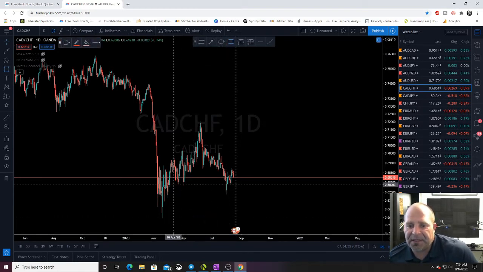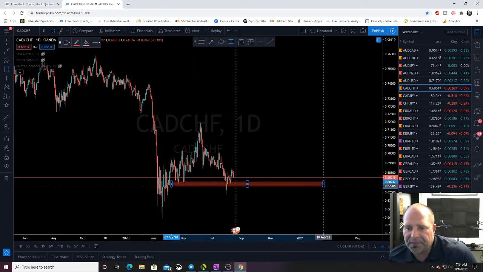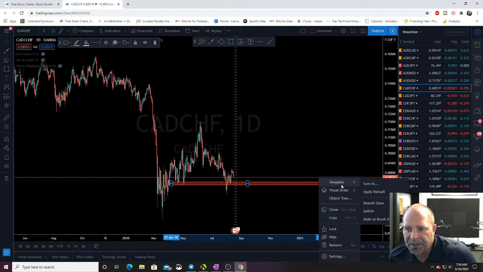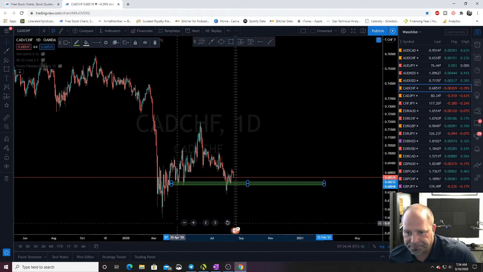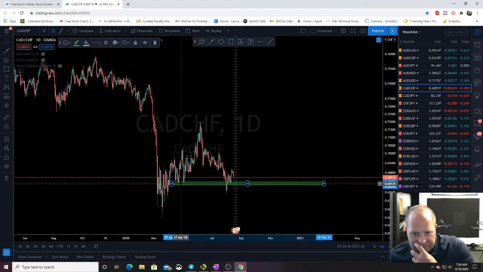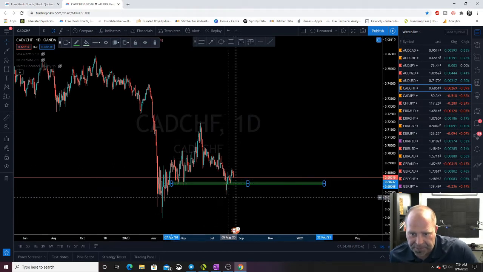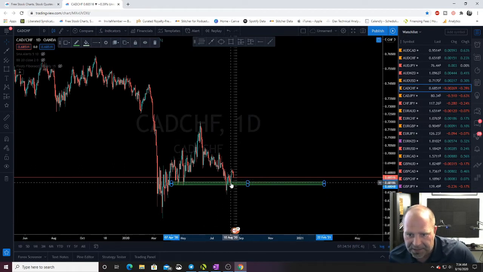So this is going to be probably where I want to put that bullish. Okay. You can see right there, we busted below, but we quickly came back and then retested it right there.